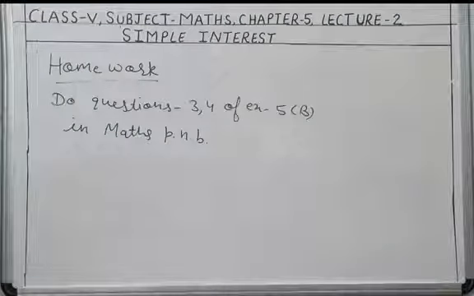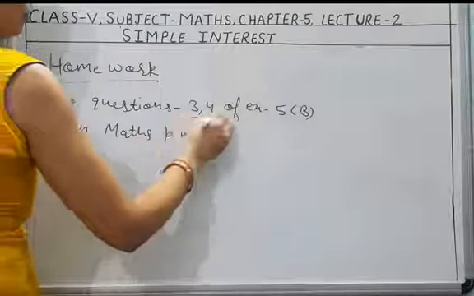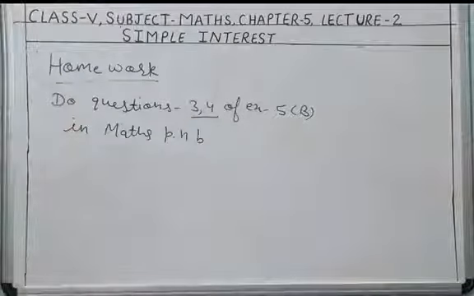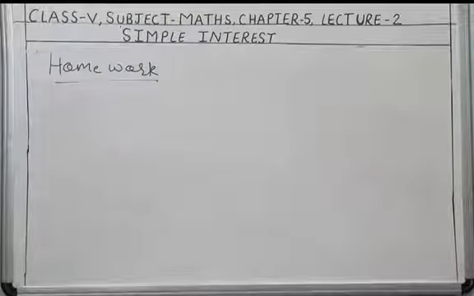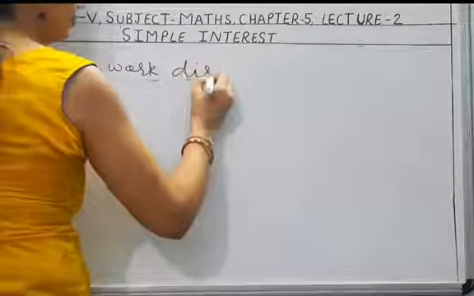Maths PNB, that is practice notebook. Question 1 and 2 we have done, and 3 and 4 are given for homework. Now we will do homework discussion of lecture 1. So take out your practice notebooks.